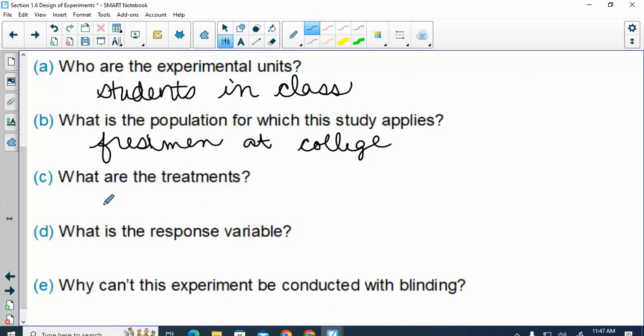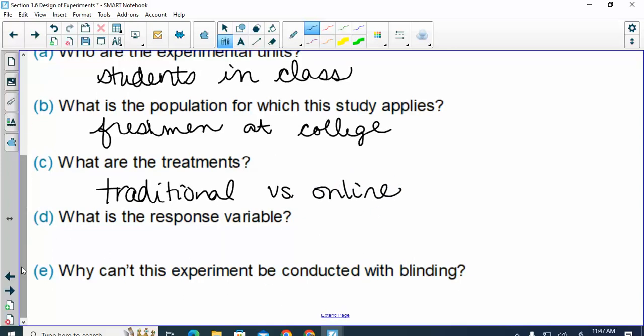Online and traditional. Okay. So that's kind of like the treatment. It can be called the factor. It can be called the explanatory variable. A lot of different words for that one. What is the response that we're looking at? Who does better? So the test score at the end.